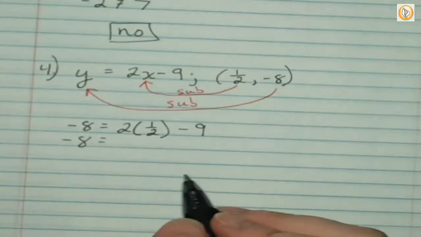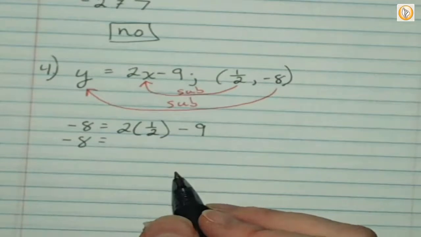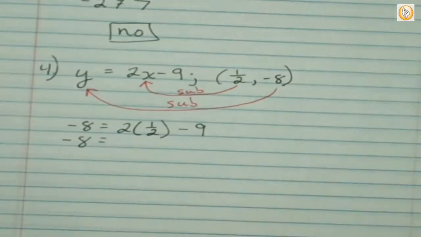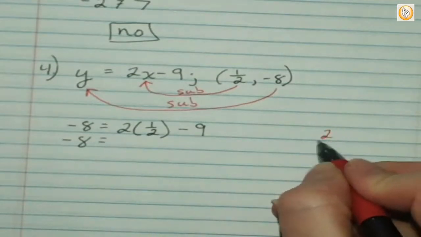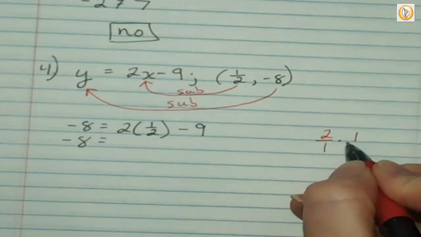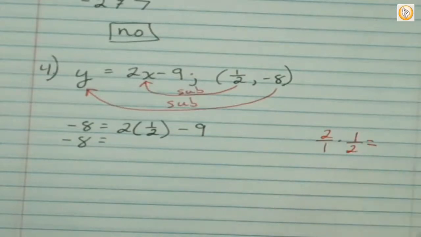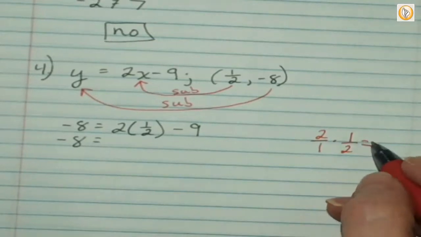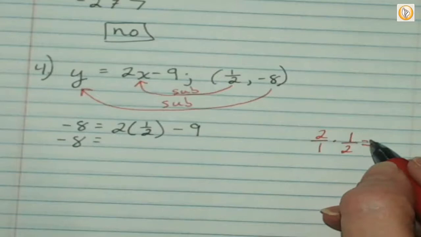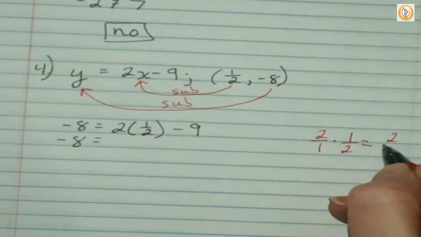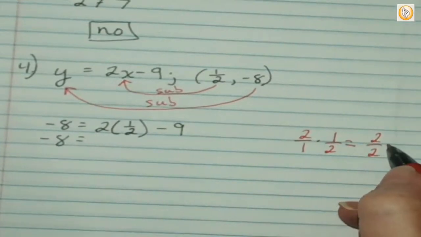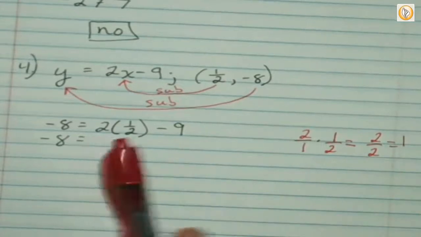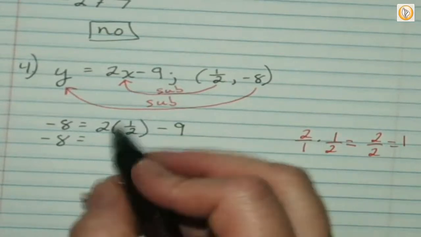Do you know what 2 times a half is? Look over here. So 2 over 1 times 1 over 2. What do you get? Multiply across. 2 over 2. And what's 2 over 2 equal? 1. So then 2 times a half is 1.